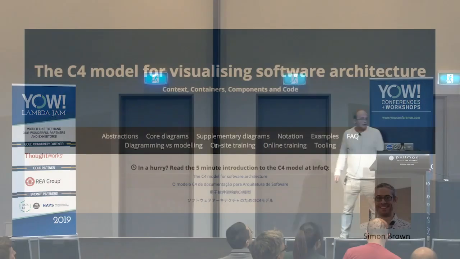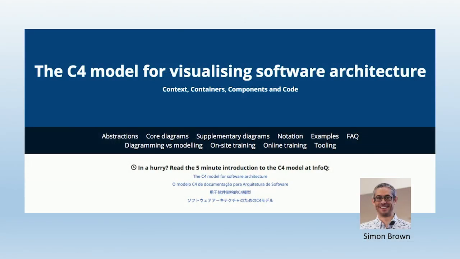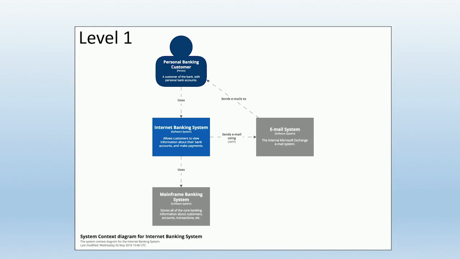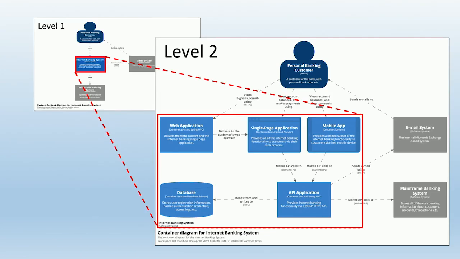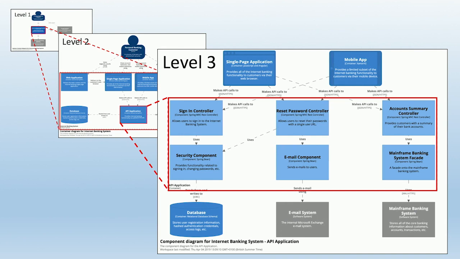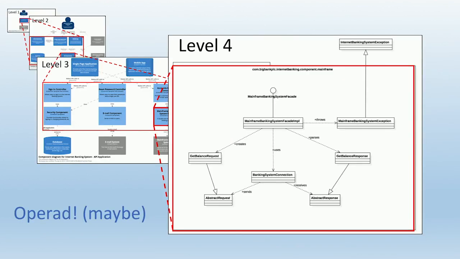Software architect Simon Brown has popularized this C4 model for software architecture. And I doubt he'd know category theory from a bar of soap. But what he's come up with is this thing where you've got a high-level view of things, and then you can zoom in there, in that application, and there's more stuff in there. And then you can zoom into that one, and there's more stuff in there. And you can zoom into that, and then that collapses into code. Well, this looks very similar to an operator, doesn't it?